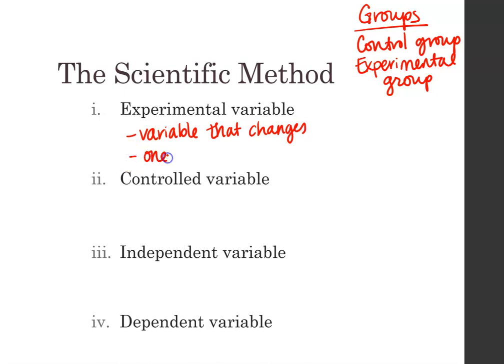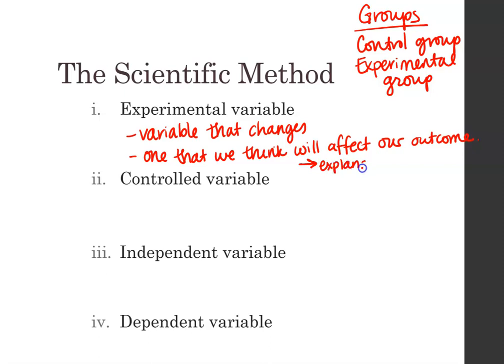And it is the one variable that we think will affect our outcome. So it is essentially the variable that provides the explanation. If you change this one thing, what happens? This one thing you're interested in, how does this one variable affect the situation?